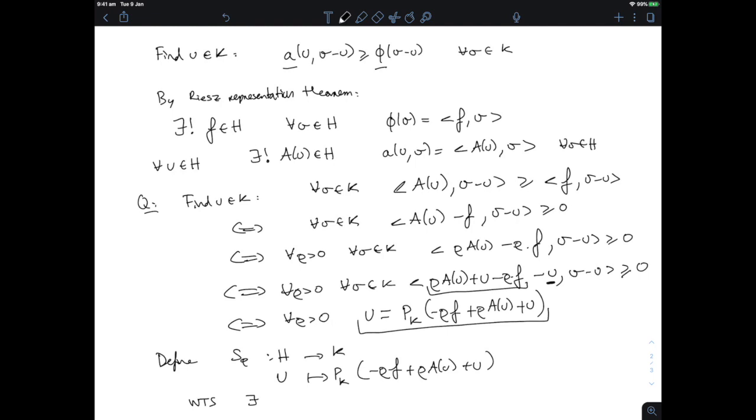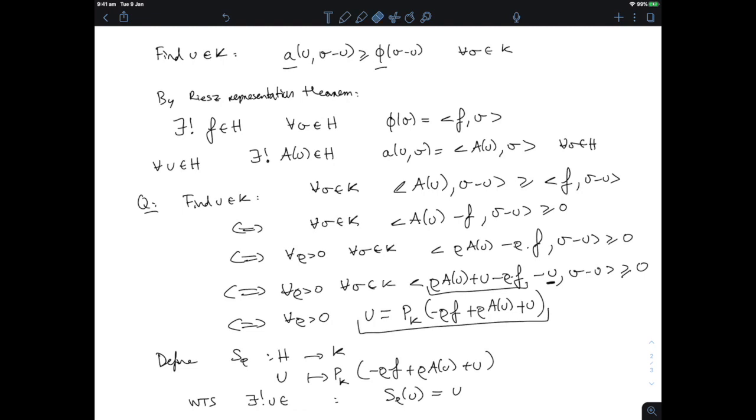So we need to show that there exists a unique u in K such that S rho of u is u. And because S rho of u is in K, if I have a fixed point, it's going to be a fixed point in H actually.